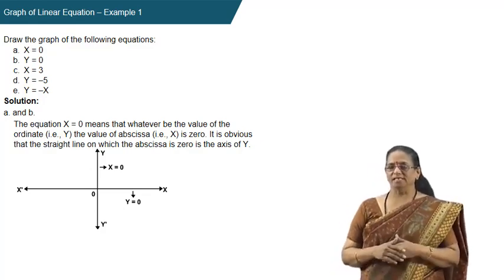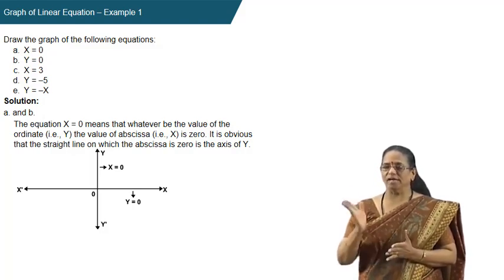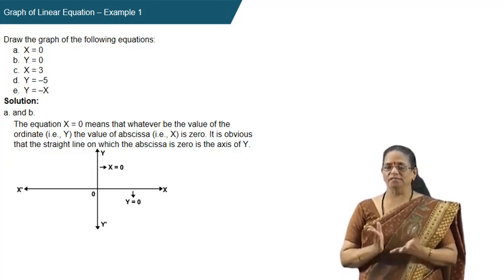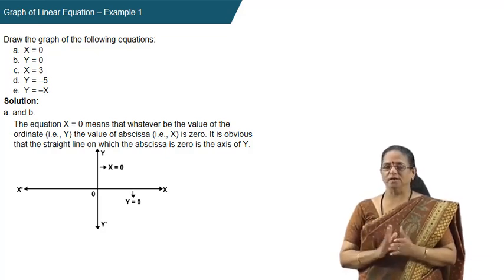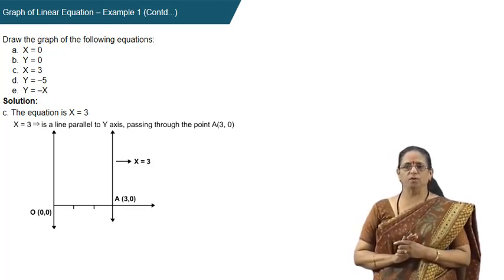Similarly, when I say y equal to 0, what does that mean? For any value of x, your y is always equal to 0. Example (3, 0), (5, 0), (minus 3, 0). Minus 3 means on the x-axis, your x value is minus 3 and y equal to 0. So what is the equation? Y equal to 0 is nothing but your x-axis. Now I have this equation x equal to 3. What does this mean?